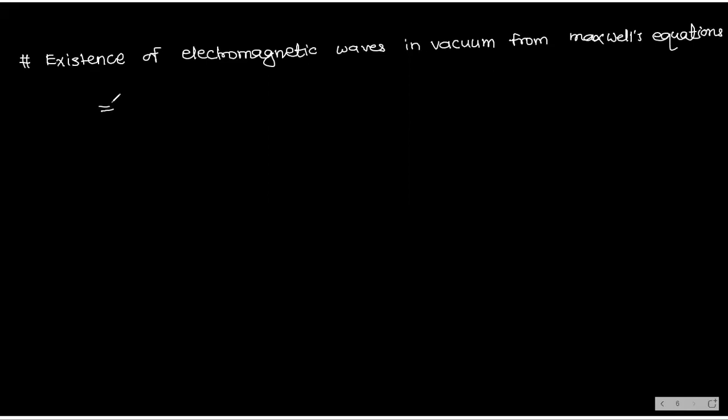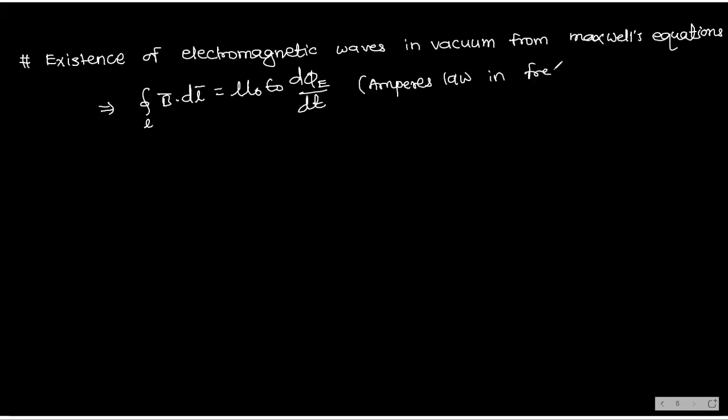The first equation we have is the closed integral of B bar dot dl bar is equal to mu naught epsilon naught d phi by dt, and this is Ampere's law in free space.